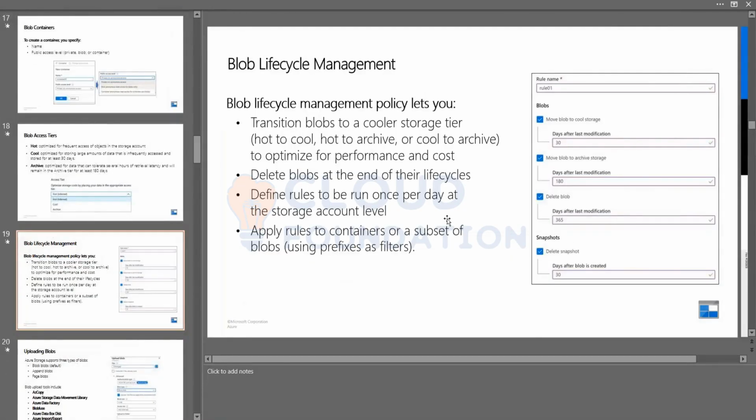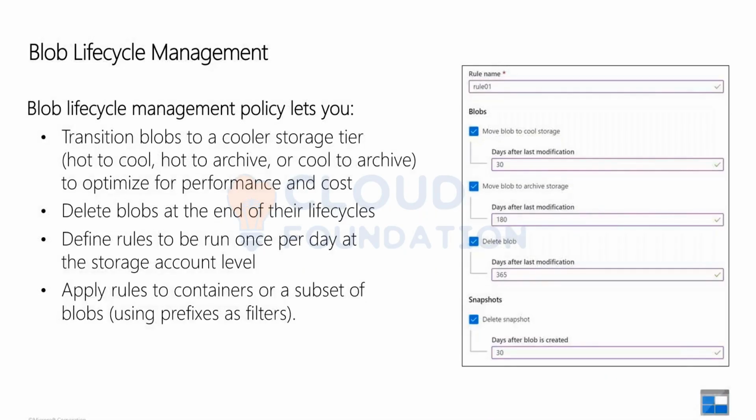Let's go to the next section over here, which is Lifecycle Management. What we mentioned earlier was in terms of resources that we are creating. You can choose tiers over here: hot tier, cold tier, or archive tier.